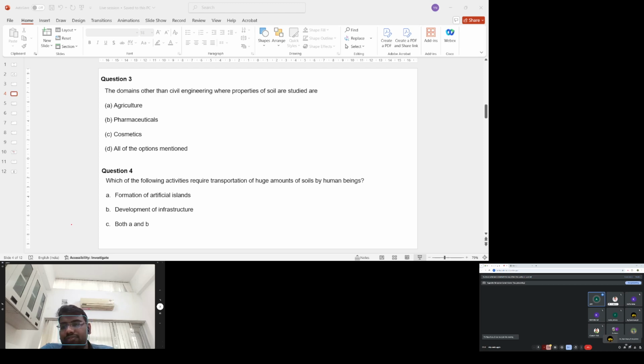And if there are large scale excavations going on, the excavated soil has to be taken away from the site and stored somewhere, and may or may not be used as backfill material. So this also comes under transportation of huge amounts of soil. So the option will be both A and B. Hope I'm clear.